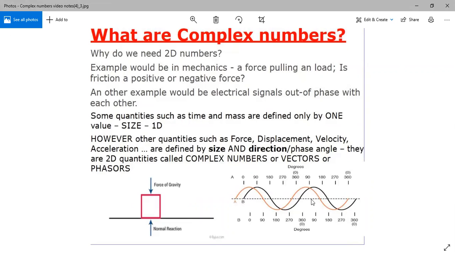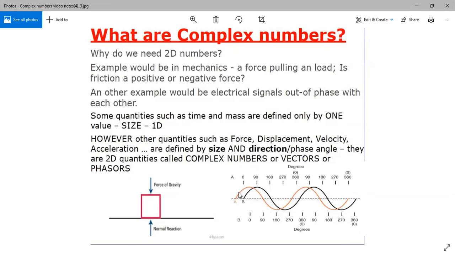Similarly, in the electrical world in AC signals, voltages and currents can be out of phase. Why would they be out of phase? They're out of phase, for example, in inductive circuits, in motor circuits, where the current tends to lag the voltage because we have magnetic field storage, and that skews the current to lag.